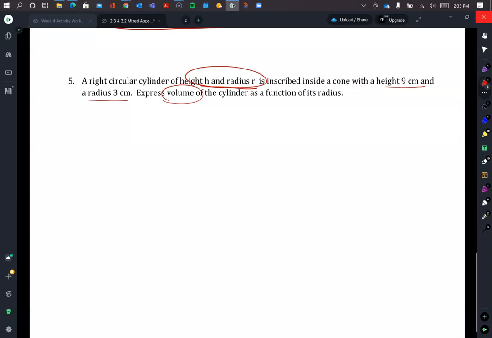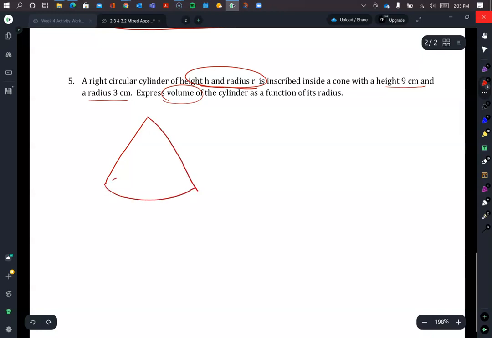So I'm going to draw the diagram here. First, I would have my little pyramid or cone, not pyramid, and I would have then my cylinder in there. Let's see how good I can get this drawn here.